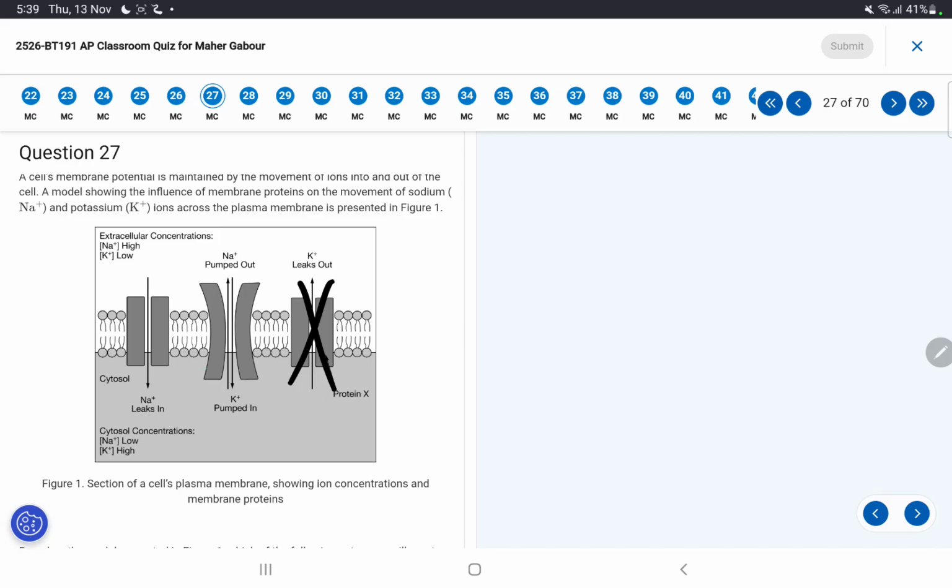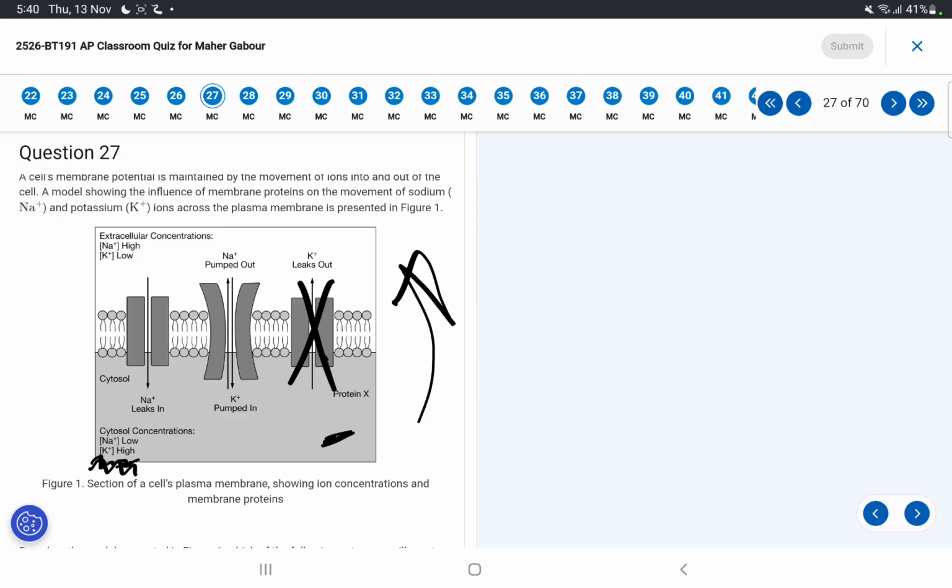Protein X was responsible for taking the K plus ions from inside the cell, which had a very high concentration, and helping them leak out, so we can balance the internal and external environments.